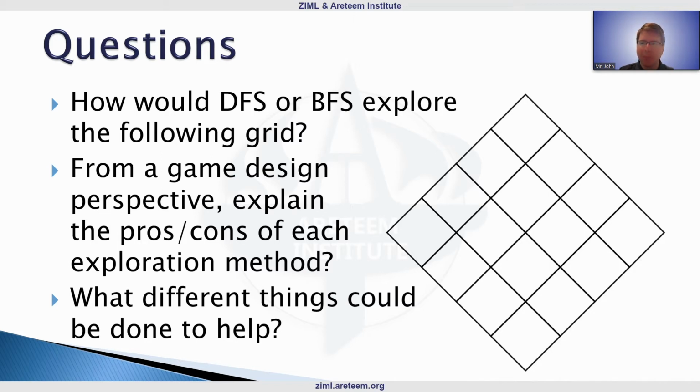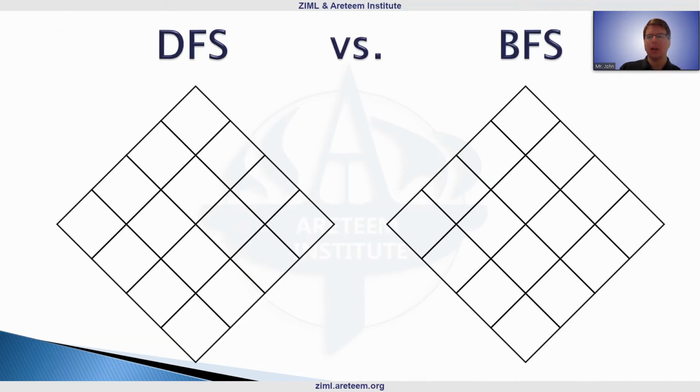What could happen, good, bad, and how might you fix some of these things? Of course, these things are more complicated, but let's look at some simple examples and some simple fixes you might apply in this case. So, first of all, just a quick exploration of the two searches again.